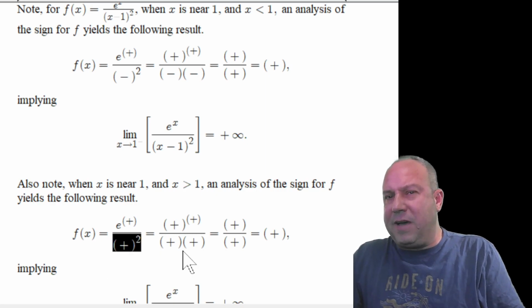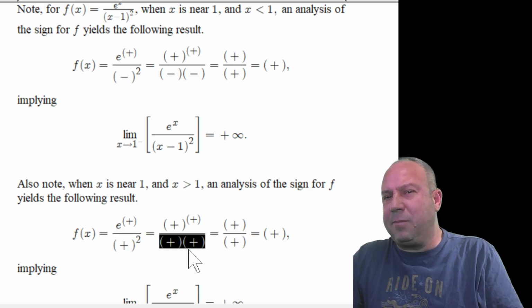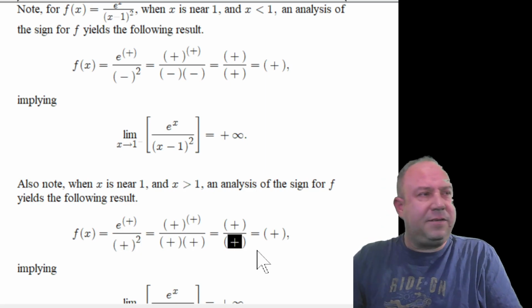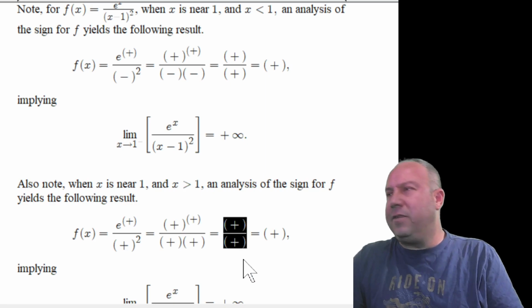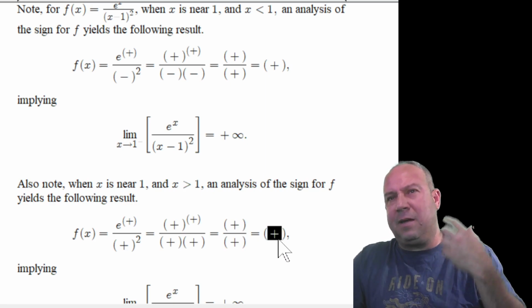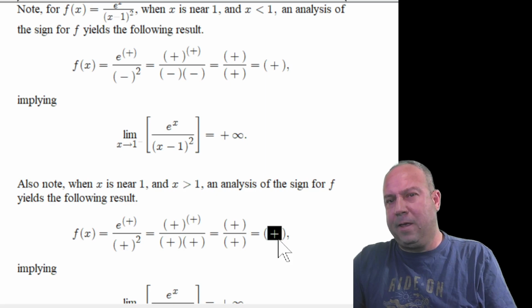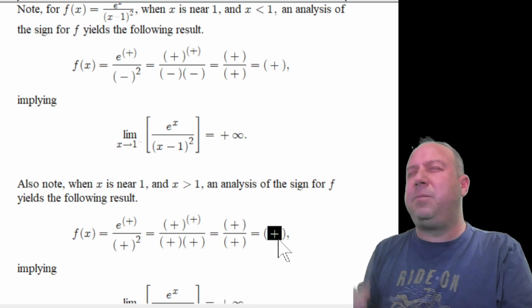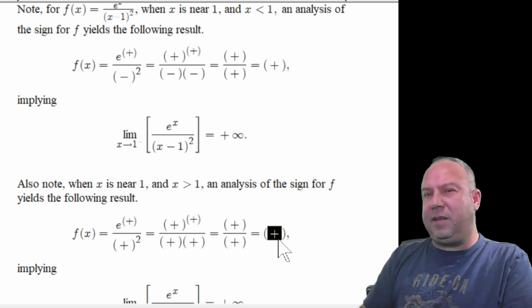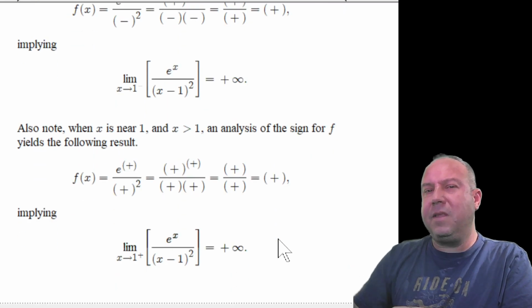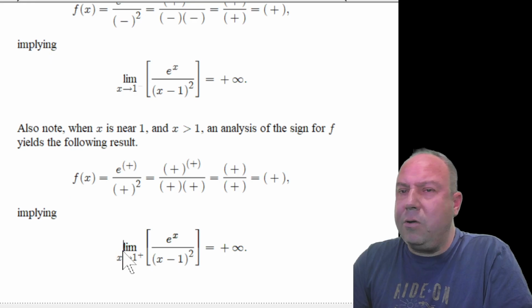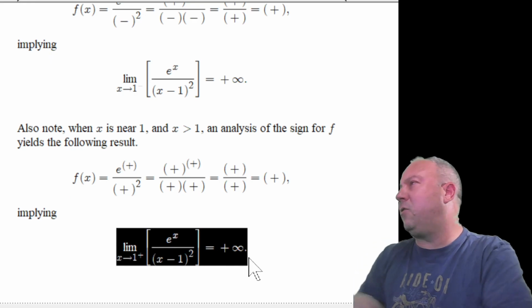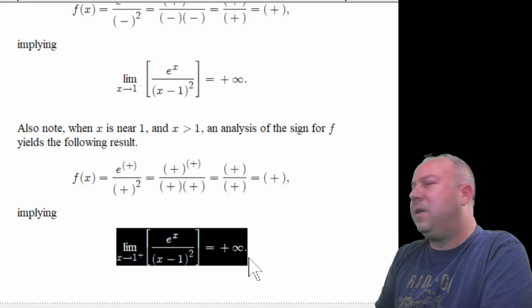Well, that positive value squared is that positive times a positive, which is also a positive. So a positive divided by a positive will yield, again, a positive result. Implying that if this one-sided limit has to be positive or negative infinity in value, this right-hand approach also yields the value of positive infinity.